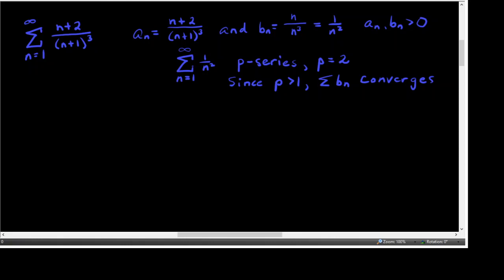So now we set up the limit of the ratio of those two general terms, a sub n, which is n plus 2 over n plus 1 cubed, divided by b sub n, which is 1 over n squared.